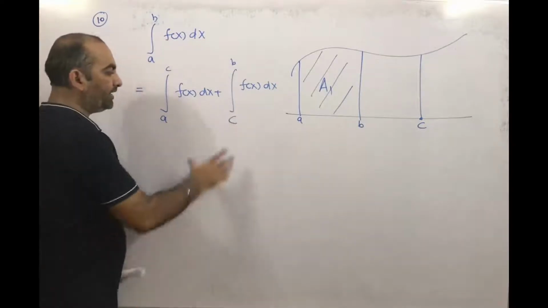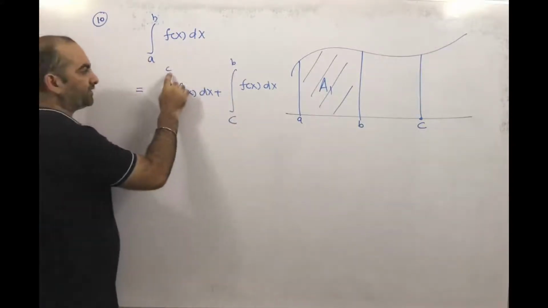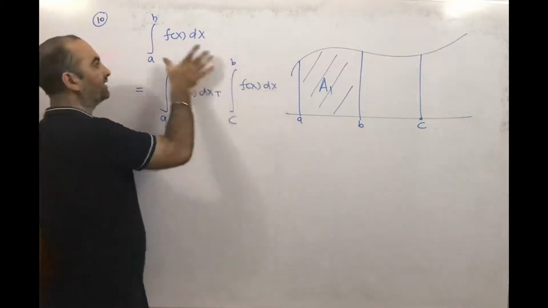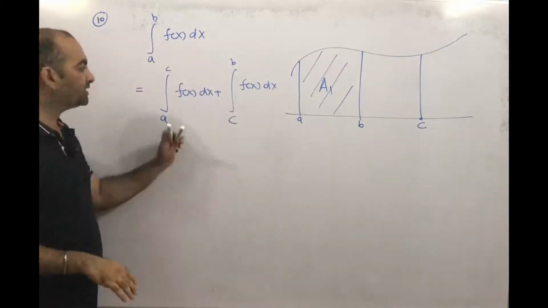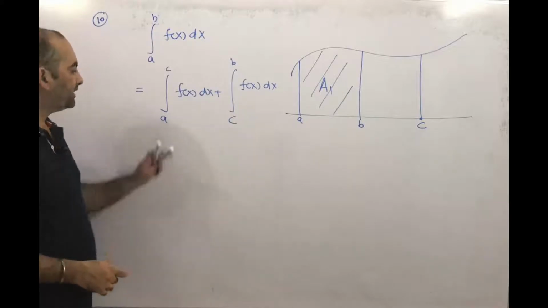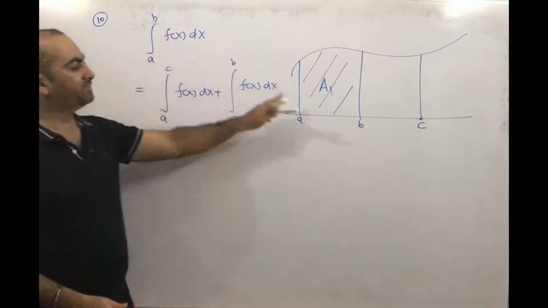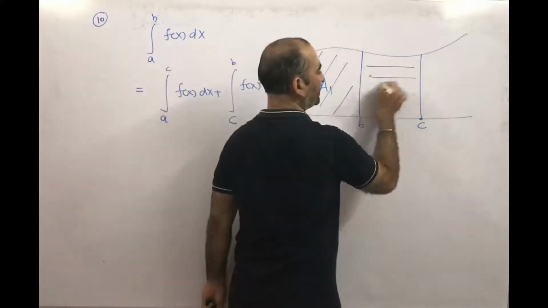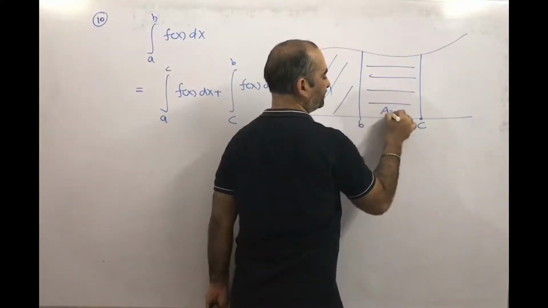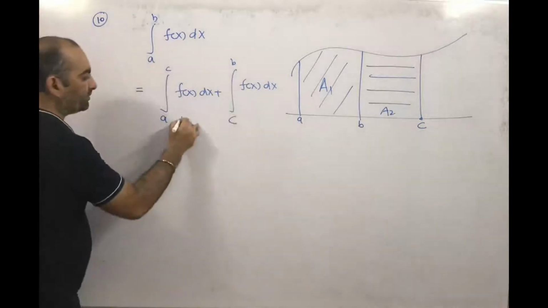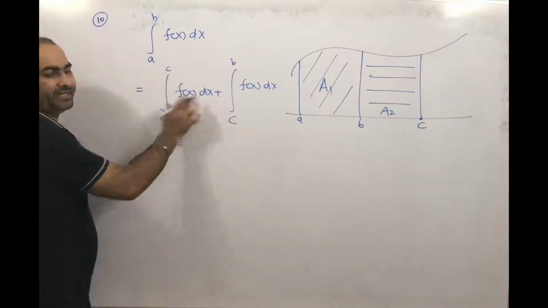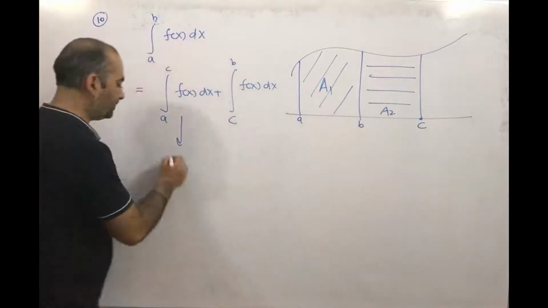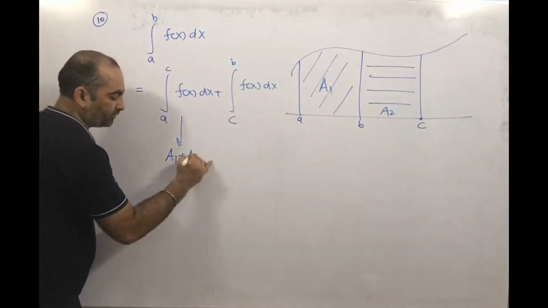And we can also combine. If this limit and this limit are the same, then we can write integration a to b f(x) dx. How is this correct? This area a to b f(x) dx is this one, and suppose this area from b to c is A2. So for integration a to c f(x) dx, the area is A1 plus A2.